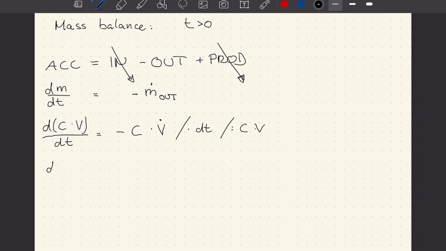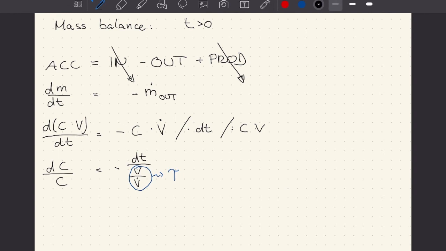So what we are left with is the differential of the concentration divided by the concentration of tracer, and this is equal to dt over the volume divided by the volumetric flow rate. But if we remember from what we have known previously, this term here is nothing else than the ideal mean residence time.